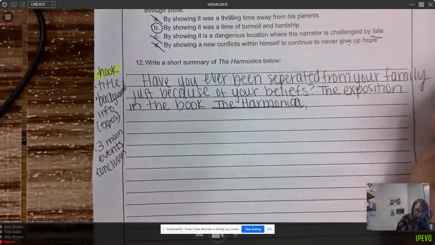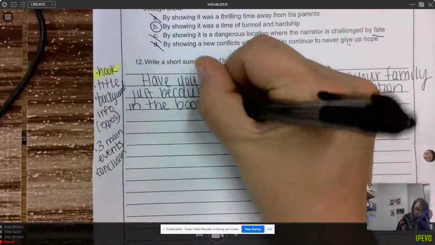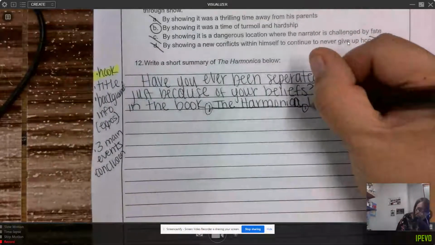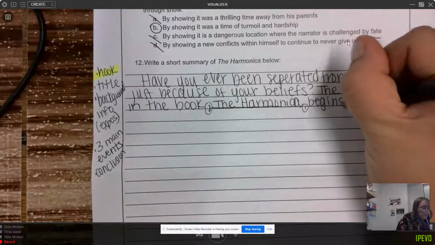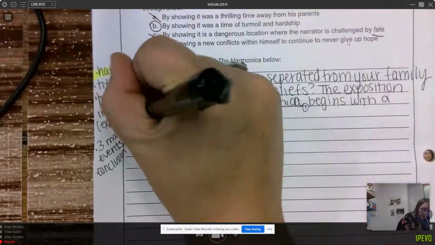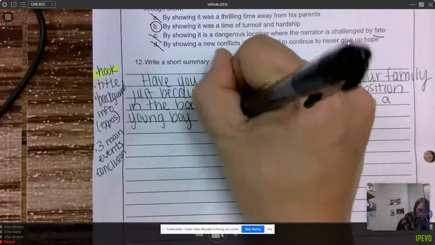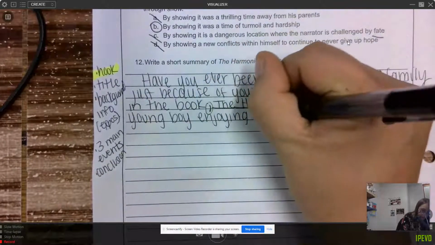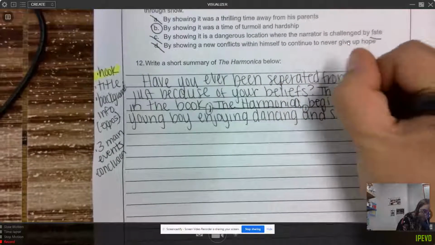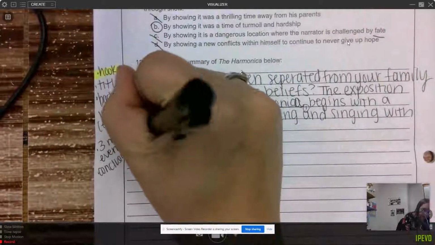And the exposition in the book, the harmonica, let's put commas around there because that's added information, begins with a young boy enjoying dancing and singing with his parents.